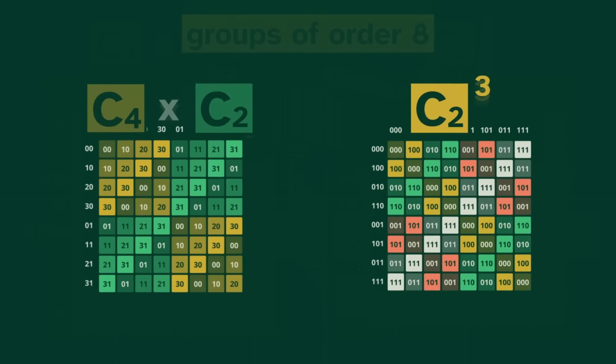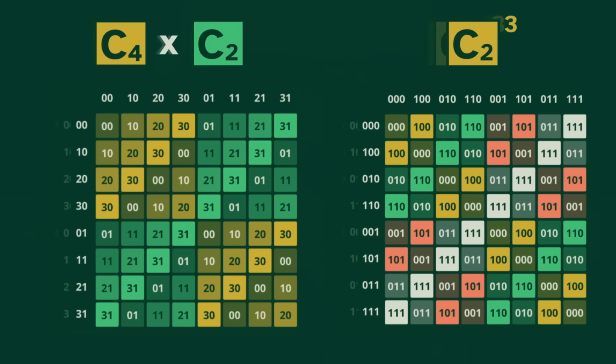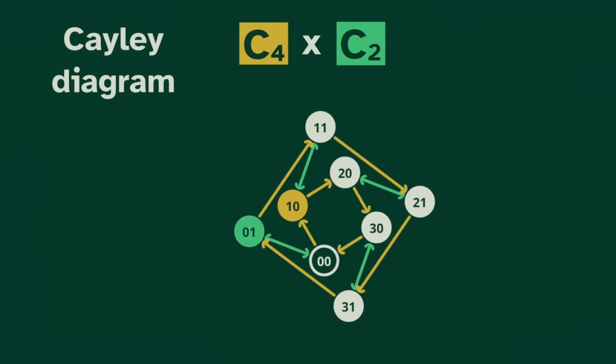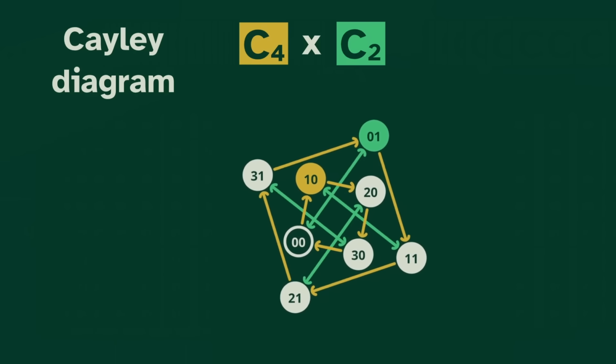Yeah! And here are the tables for these groups. For easier notation, instead of writing 0, 0, 0, we just write ooh! And at order 8, the tables are getting pretty big. Instead, we can visualize them using a Cayley diagram, which is named after Arthur. Who's Arthur? Each element is a circle.